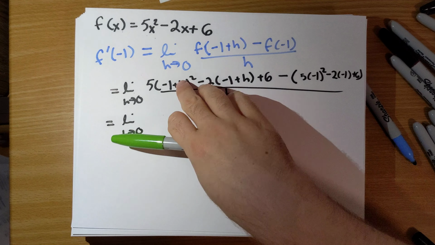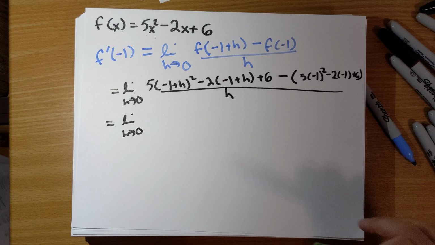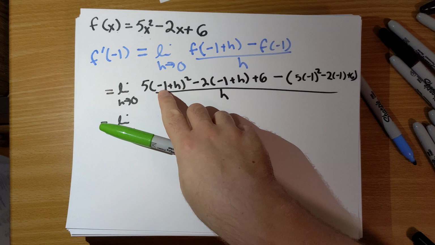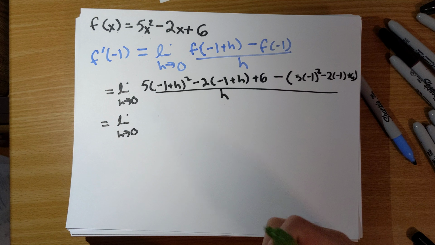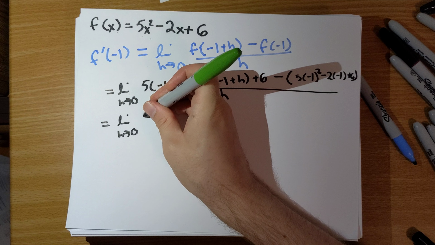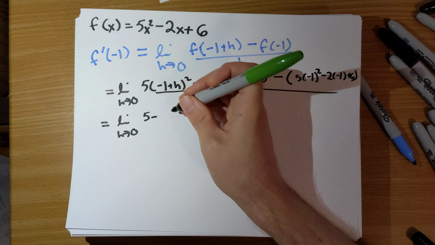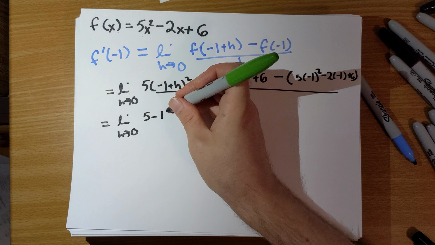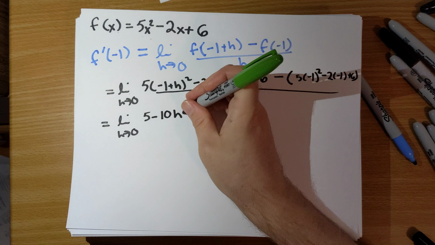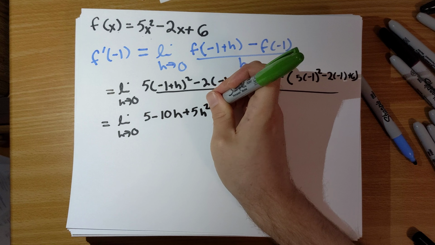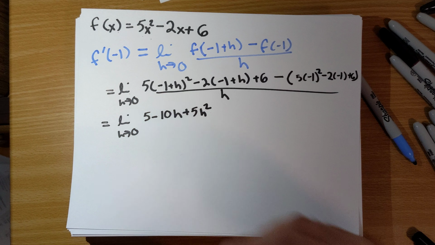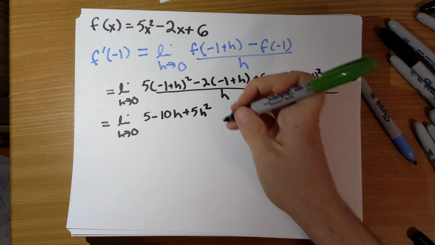Okay, so the next step is we need to do a lot of simplification in the numerator. 5 times (-1 plus h) squared is going to be 5 times (-1) squared, which is 5, minus 2 times 5 times h, so -10h, plus 5h squared. Check for yourself that is what you get when you do 5 times (-1 plus h) quantity squared.